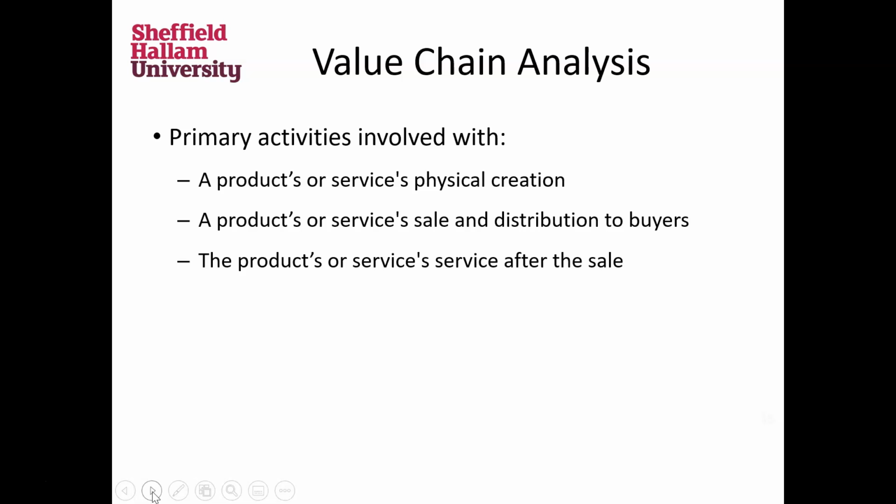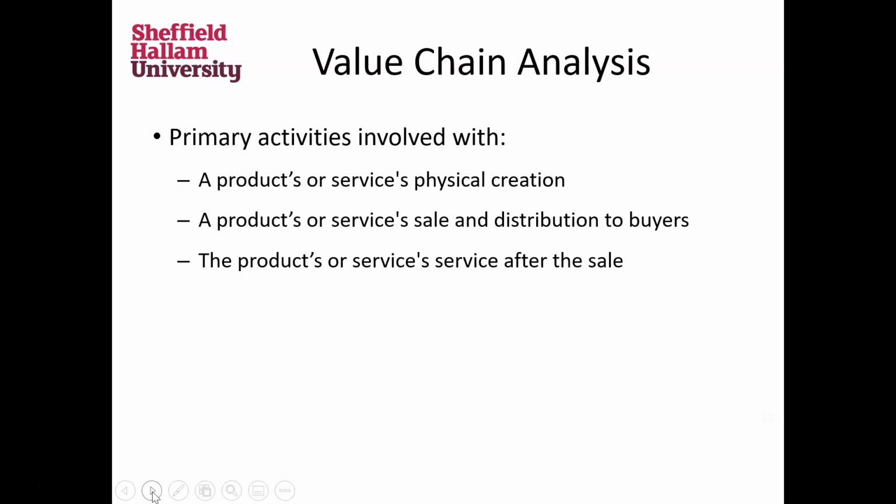So if it's a pair of shoes that Adidas make, which primary activities are involved with the creation, the making of those shoes? Okay. If it's a gym, which is a service product, what processes are involved in the creation of that service? It will be a bit different than for a physical product.